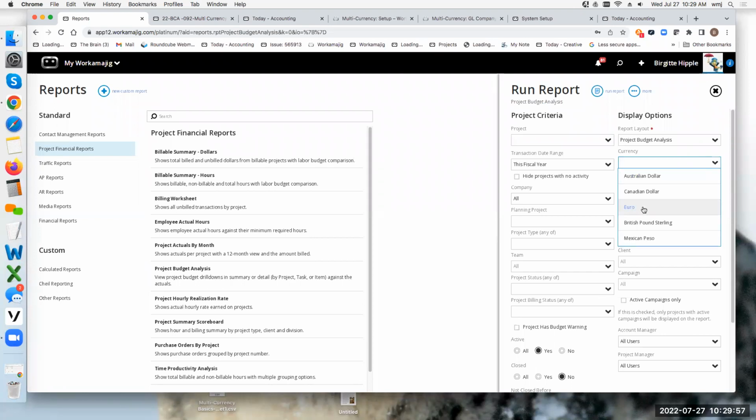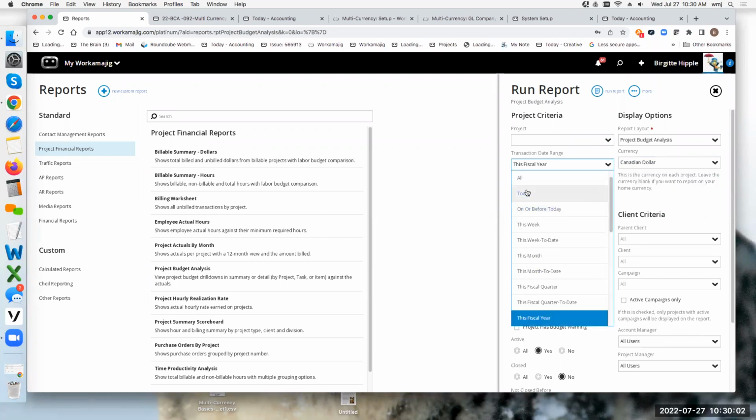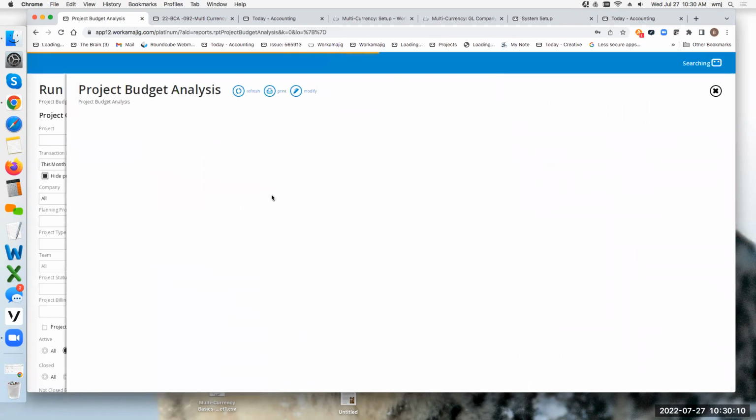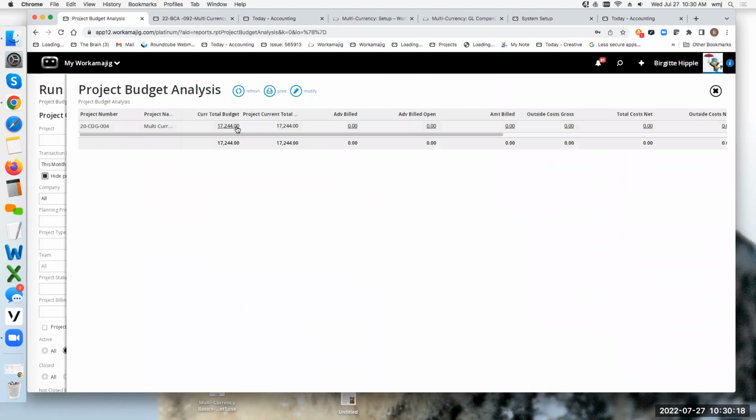If I want to see what is done in Canadian dollars, and if I just say, let's go for this month and hide projects with a 0, then what I'm seeing is everything on this page is based on GBP. So the dollar amounts that you're seeing, the revenue, the COGS, everything is understanding what happened in GBP.